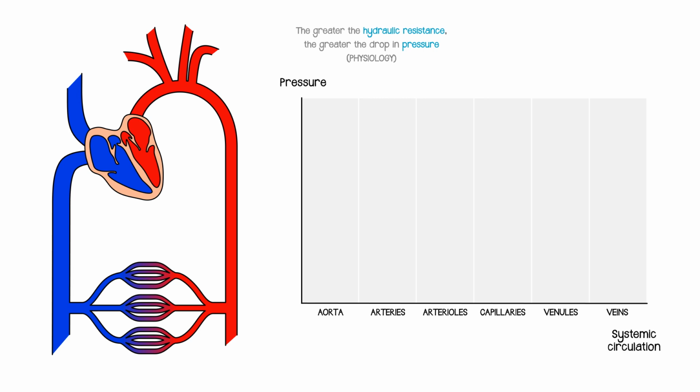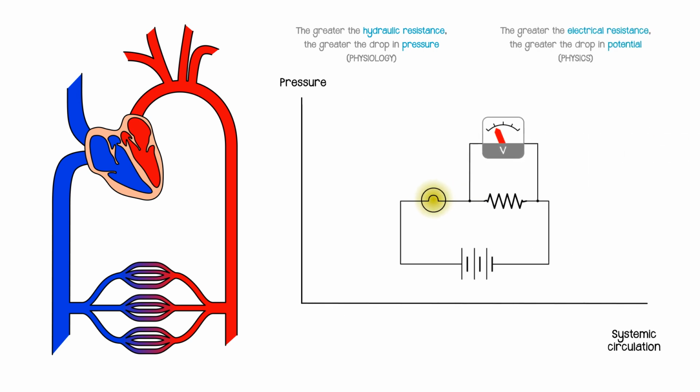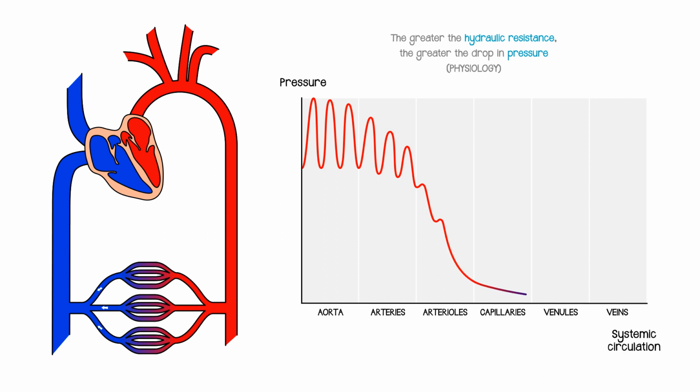Thinking back to GCSE physics and electrical resistors, you might recollect that it's a similar thing in a circuit. In a circuit, you get the biggest drop in potential difference across the biggest resistor. Similarly, in this case, you get the biggest drop in pressure in the circulation across the biggest resistance. So as you move around the circulation, from the arteries to the arterioles, to the capillaries, to the venules, to the veins and back to the heart, the pressure doesn't drop in a nice linear way all the way down the circulation.